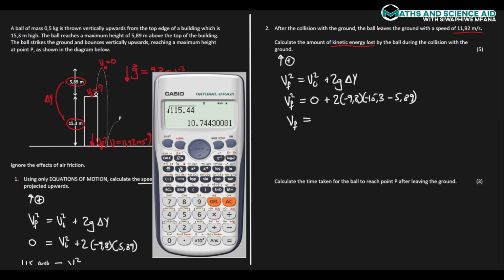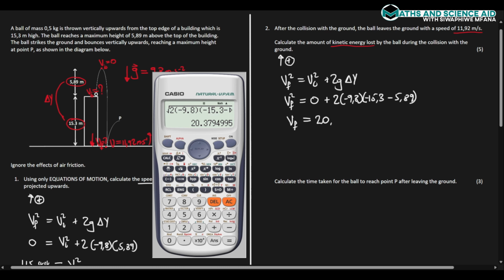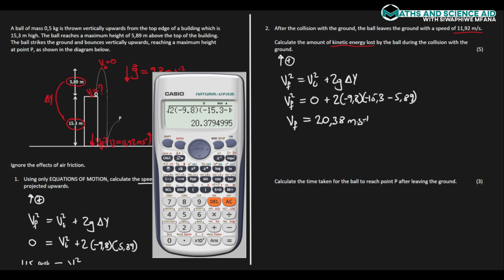So I'll just put this under a square root immediately. So we have 2 multiplied by negative 9,8 multiplied by negative 15,3 minus 5,89. So we will directly get our final velocity, and it's 20,38 meters per second.